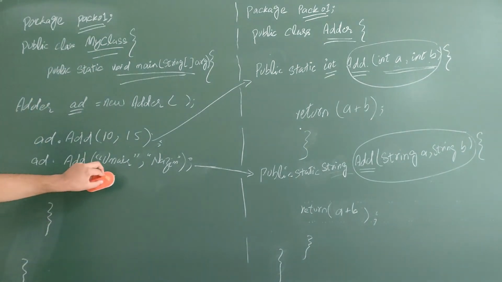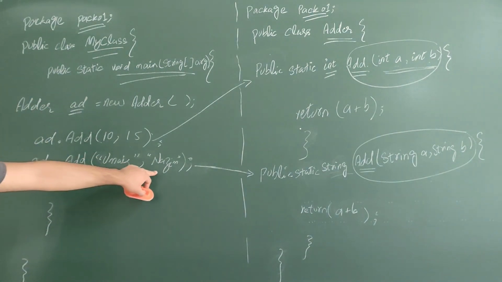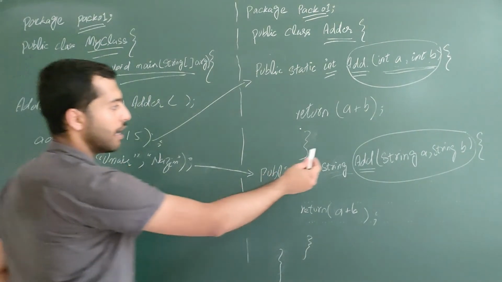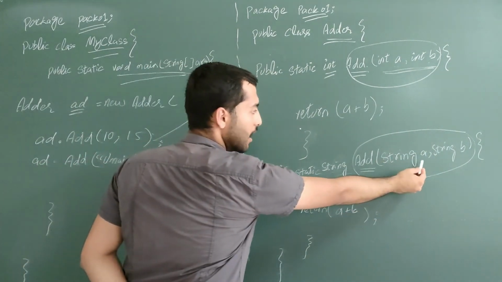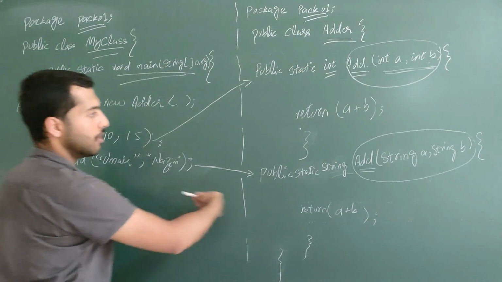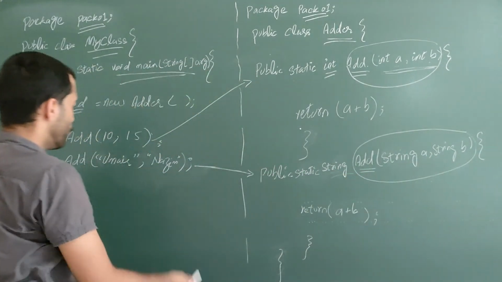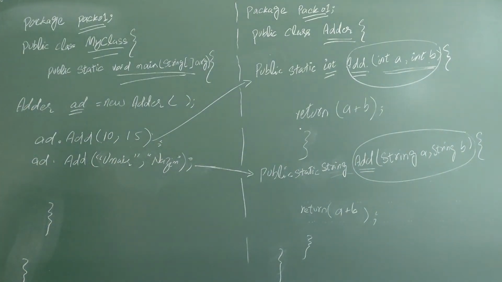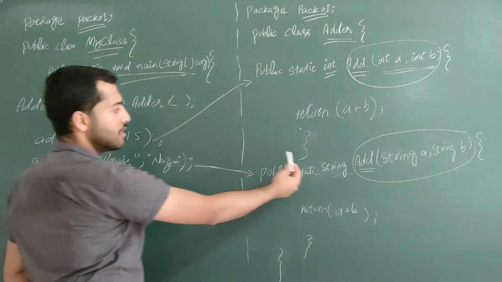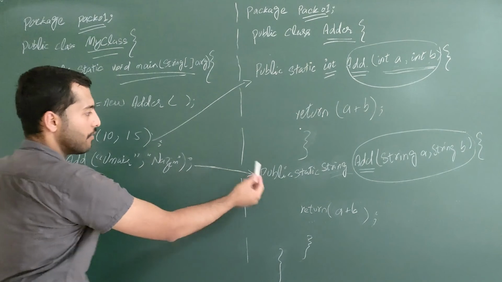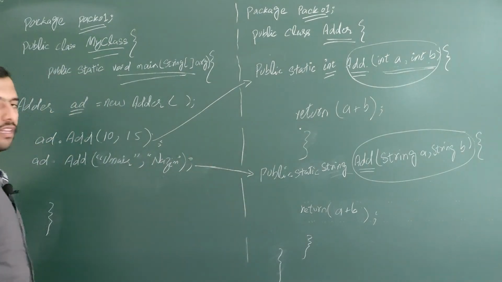When I pass this string Umair and this one Nazim, because here we have two variables A and B, Umair will go to A and Nazim will go to B. Okay, so when we pass the strings, our compiler will understand that there are two parameters and we have the string version here. Okay, so our compiler will call this string method.